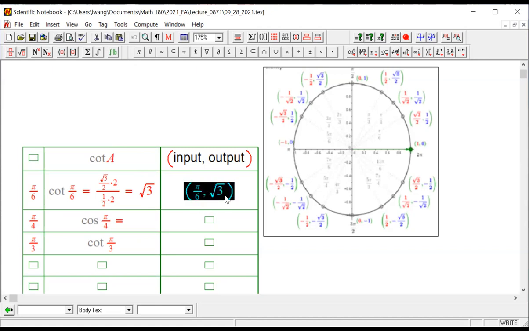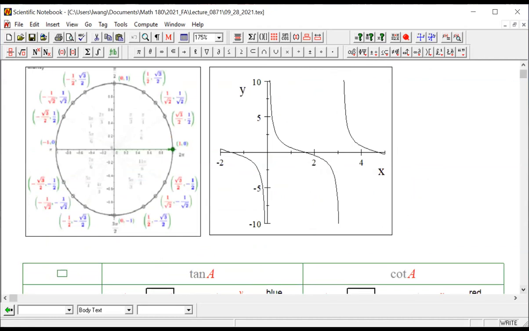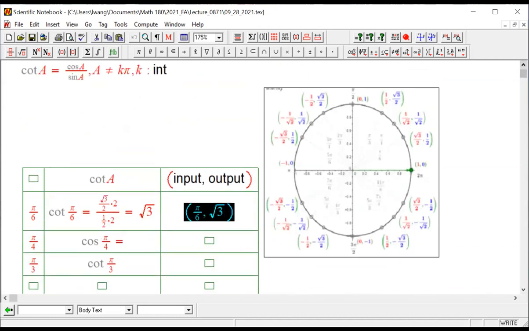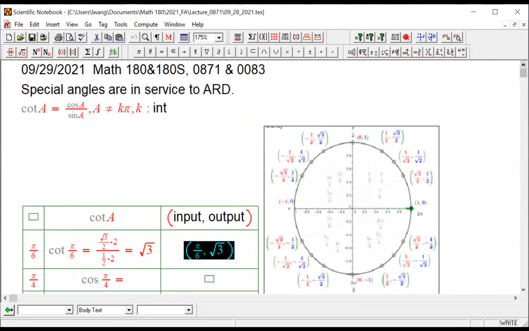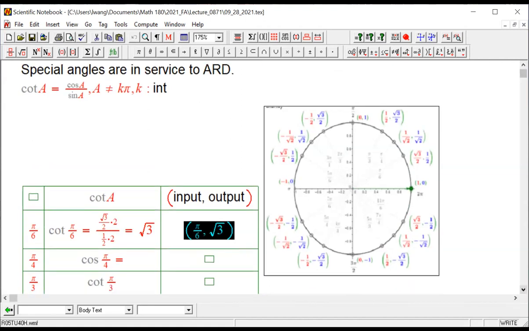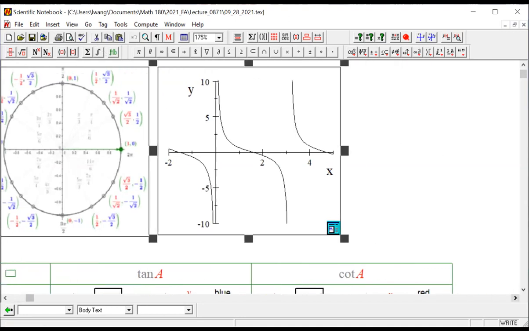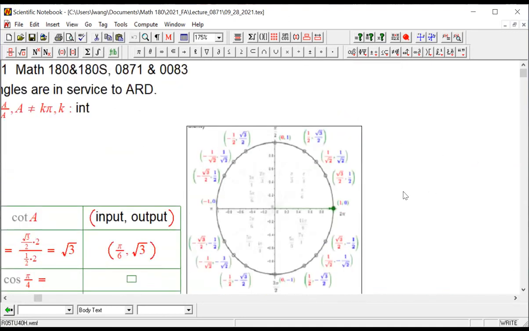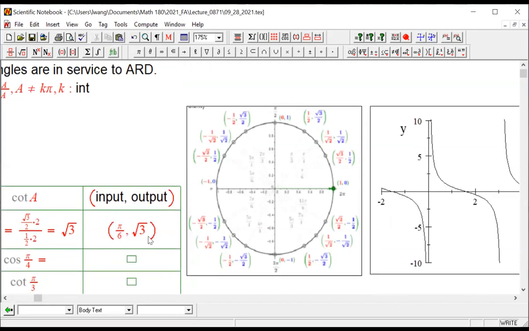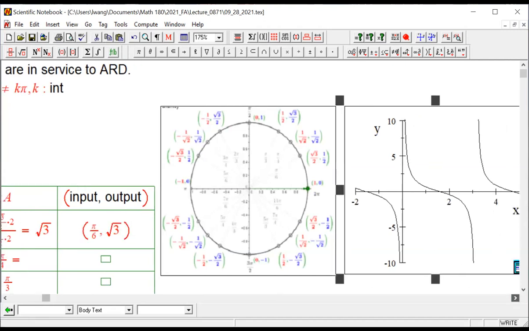And what are we going to do with this point? We're going to put this point where? We're going to put this point in the rectangular system. Okay. So this time I'm not using a blank because everybody has a cotangent curve at their fingertips, right? So I'm going to put this point on the curve.